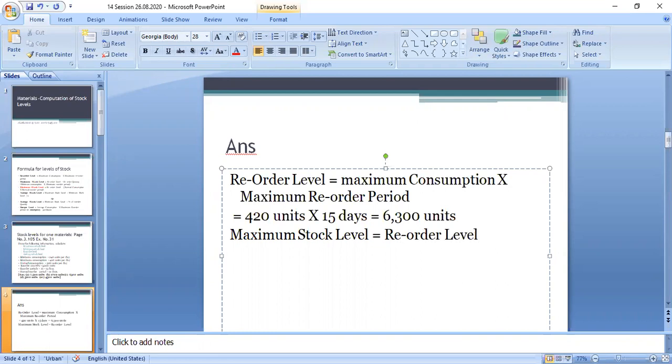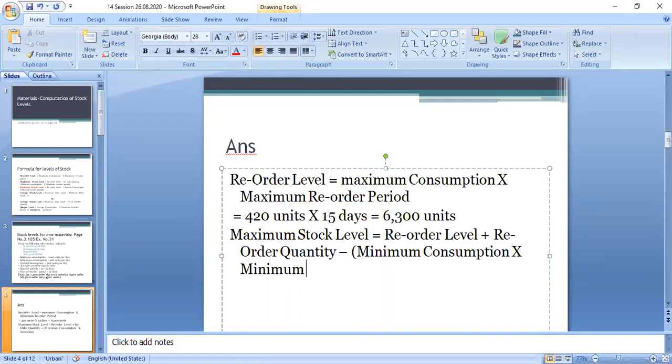If it is maximum, you have to take one more item, reorder quantity, then you have to subtract. Here for the maximum you have to take minimum consumption into minimum reorder period. So this is the formula for calculation of maximum stock level.